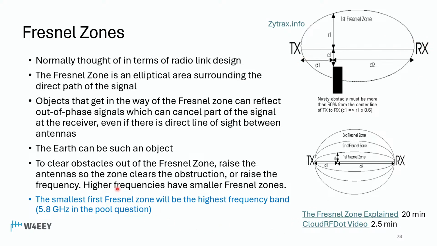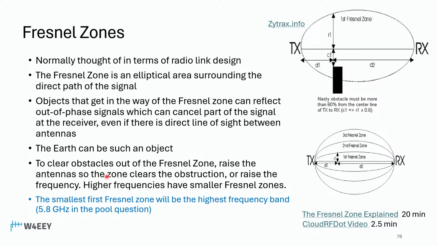So to do that, there's 2 things you can do. You can either raise the antennas so that the zone clears the obstruction. So in this case up here, if we raised one or both of the antennas so that the building or whatever it is was out of this zone, our problem would be solved.